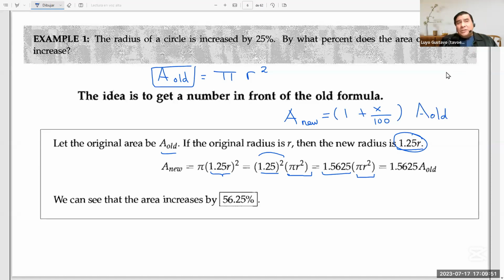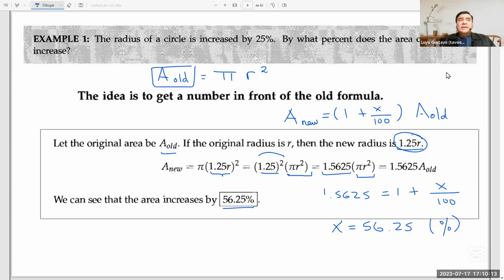If we match this factor with this, obviously the value of x is 56.25. That's the percent. The percent increase is 56.25%.